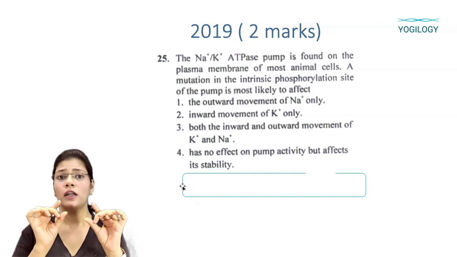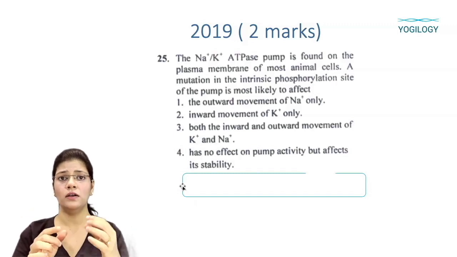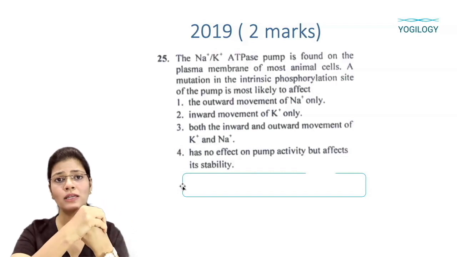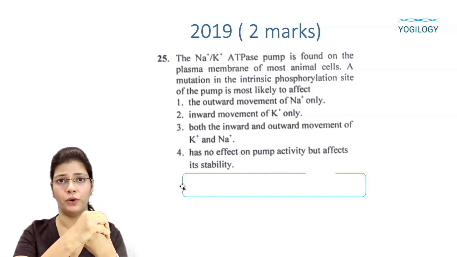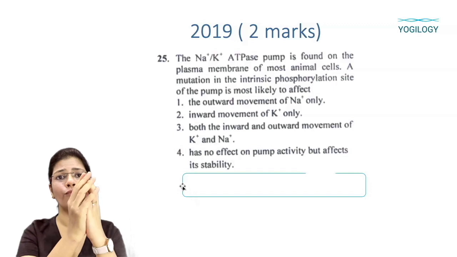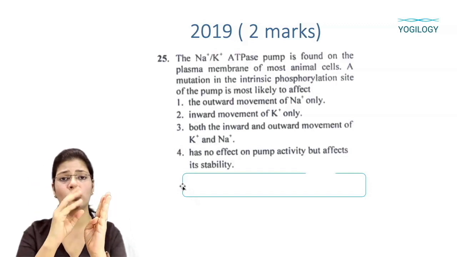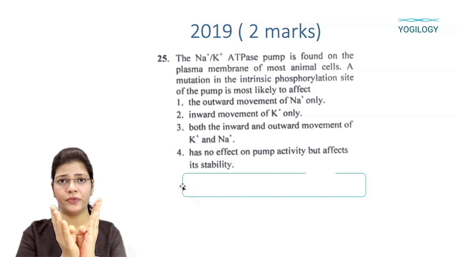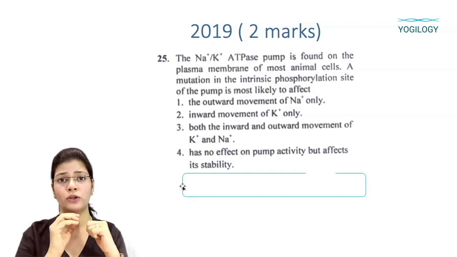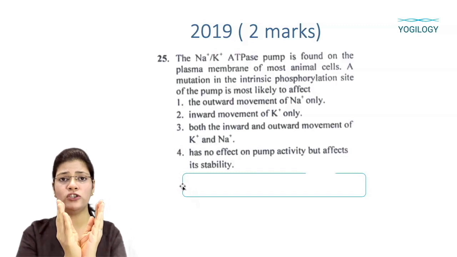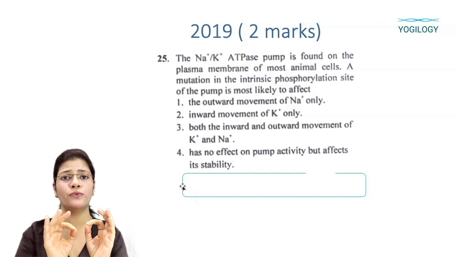And if this event doesn't occur, then the sodium will bind on the inner side of the pump, but it will not have a conformational change that will allow it to move to the other side, on the extracellular side of the membrane. It will be trapped on the inner side because for this conformational change to occur, it requires the energy from ATP.